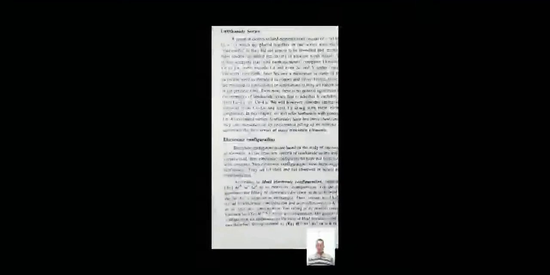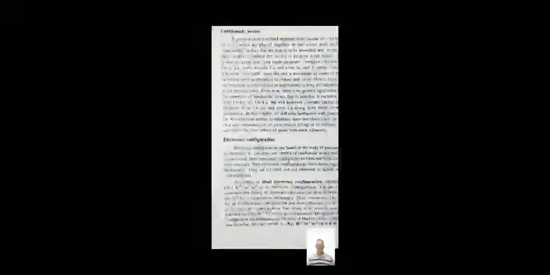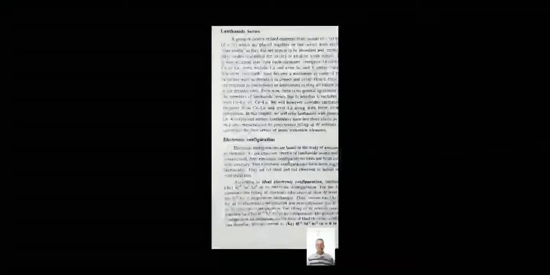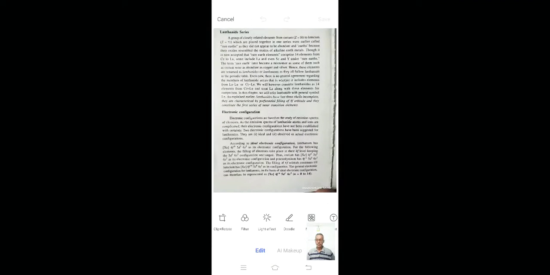But the term rare earth later became a misnomer, as some of them, such as cerium, are as abundant as copper and silver. Hence, these elements were renamed lanthanides or lanthanons in the periodic table. You can have these.